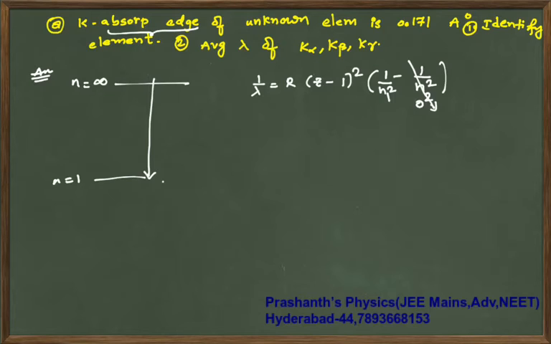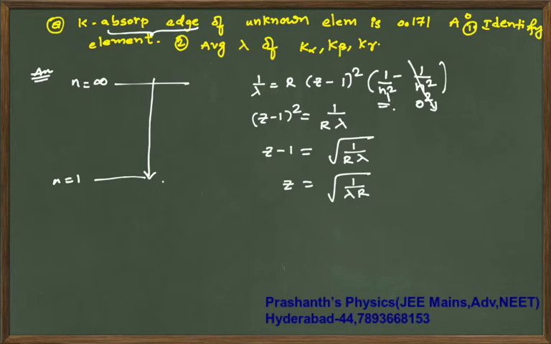So we will have N1 equal to 1, from infinity to 1. So (Z minus 1) whole square equals 1 by R lambda. Z minus 1 is the square root of 1 by R lambda, and Z equals the square root of 1 by lambda R, plus 1.